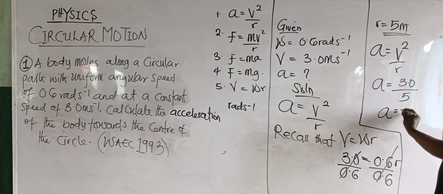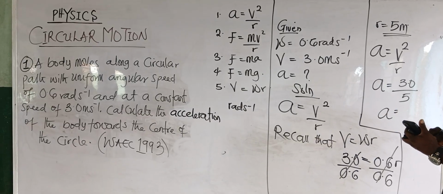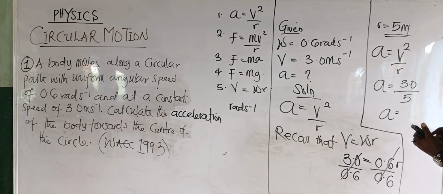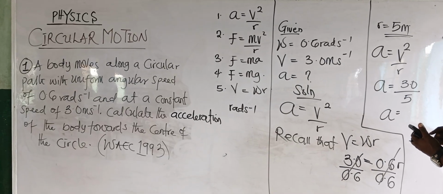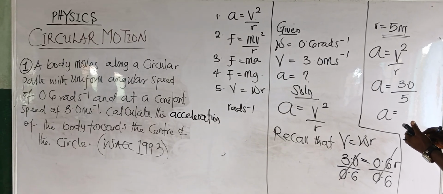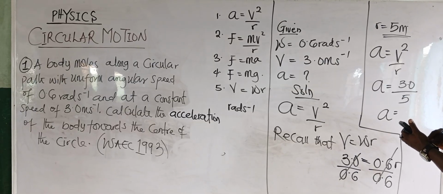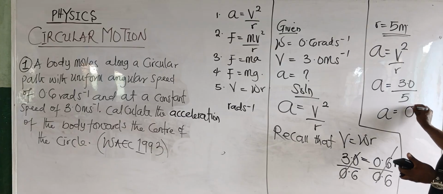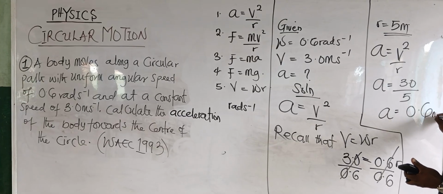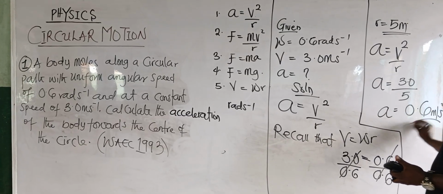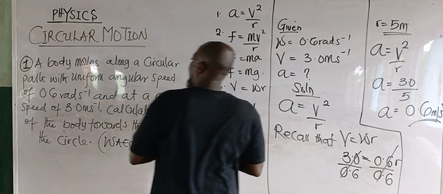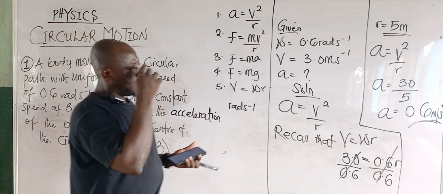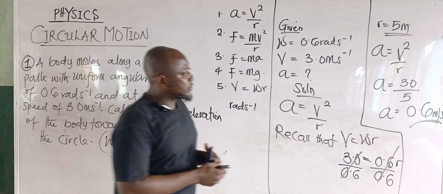If you do that, we are going to have 0.6 meters per second squared. So this is how this is done. We are having 0.6 meters per second squared there.